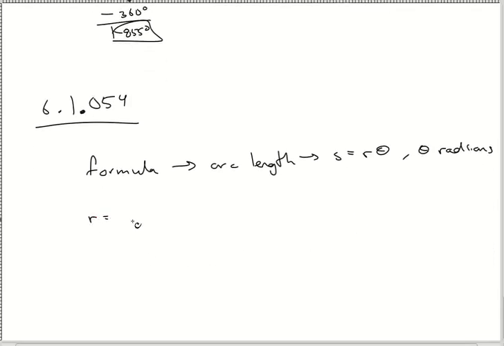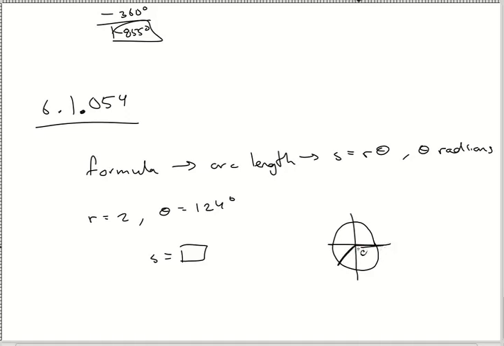For this problem, they give me R equals 2, theta equals 124 degrees, and they ask what S is equal to. What does this even mean? They even include a picture. The picture has this right here as my theta, and this other thing is the S they're wanting. And R is, of course, my radius there.